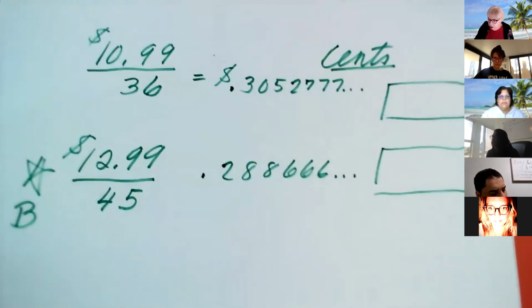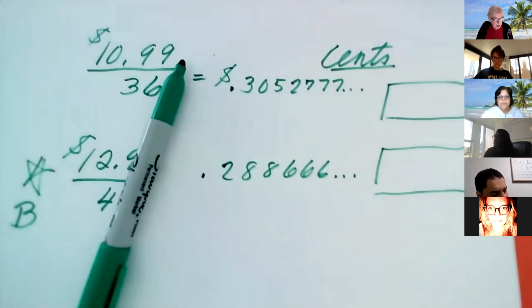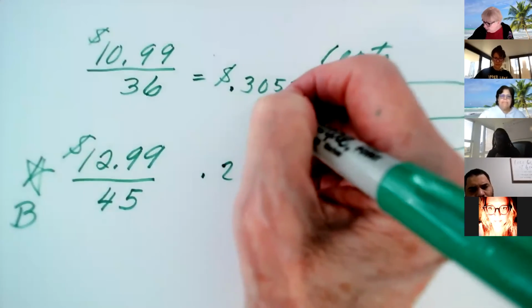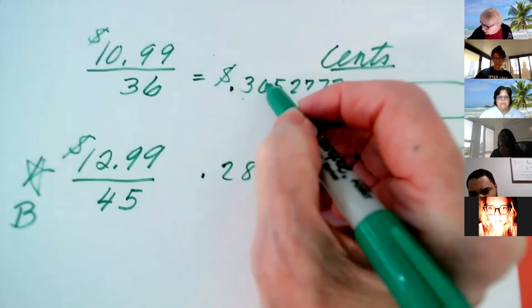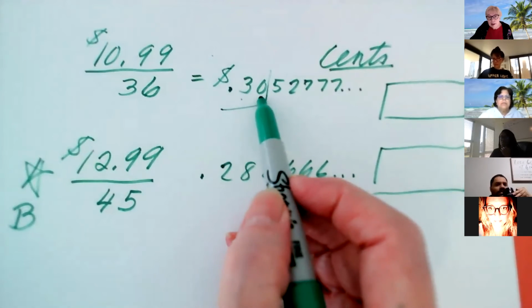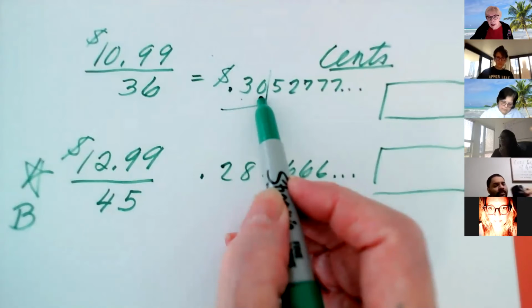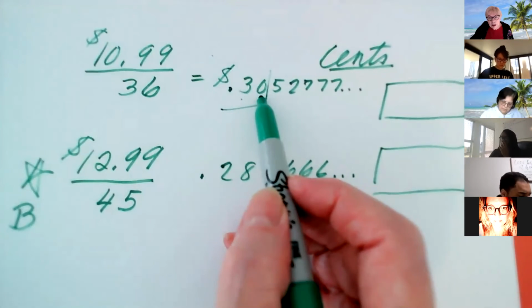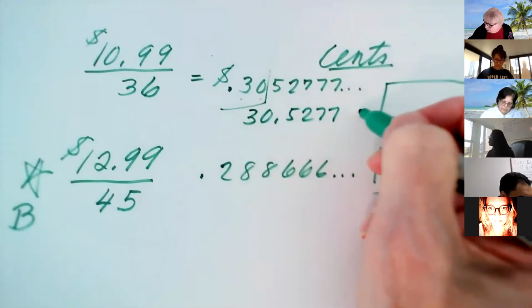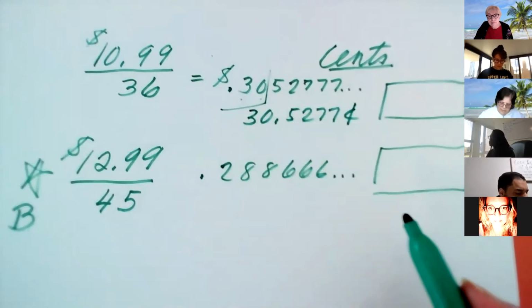So the real question is, did they want it rounded to the nearest cent? I gotta go back. They did? So this is rounded to the nearest cent. So the cent place is there, right? And so this is 30.5277 cents.